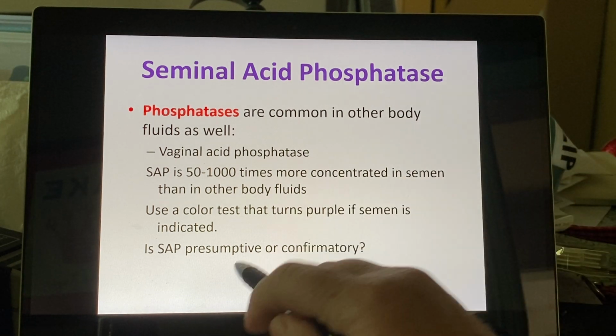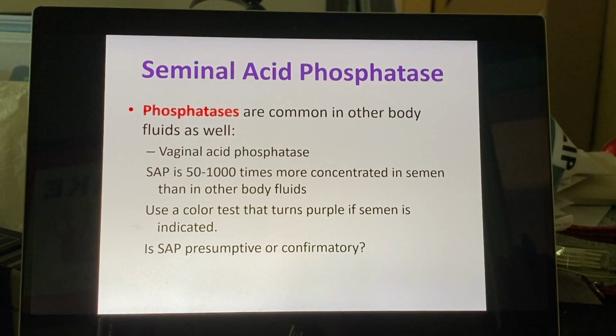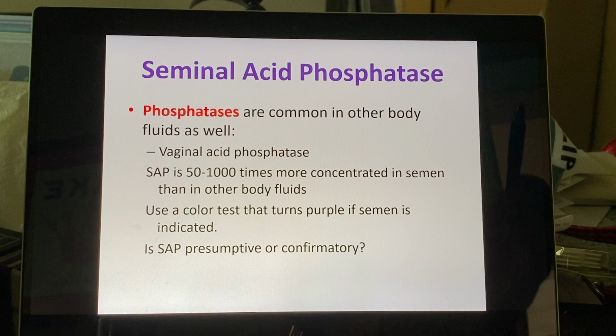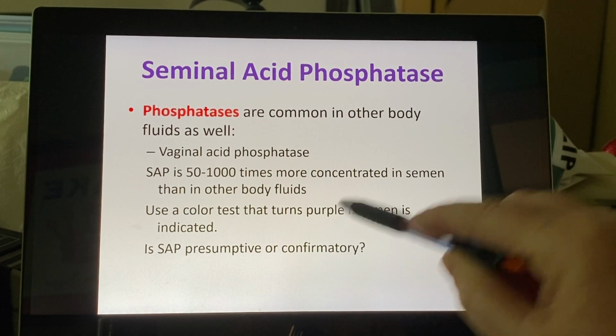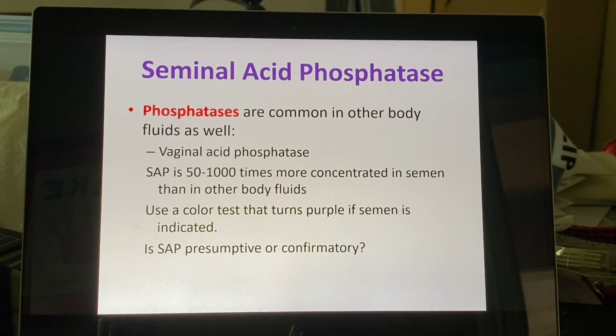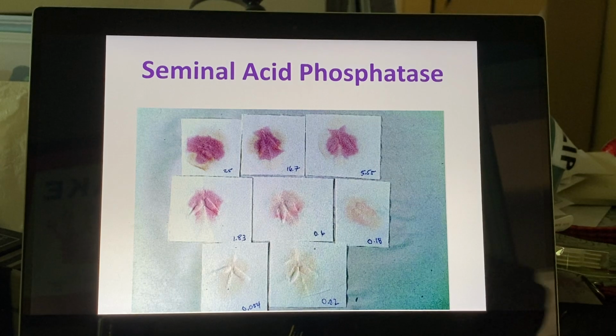It is, remember, a presumptive test. The only difference, besides different reagents being used, is that you drop 2 reagents and then you see what color it turns. In seminal acid phosphatase, it will turn purple if it's positive, as opposed to the KM test for blood, which turns hot pink, or a pink color.